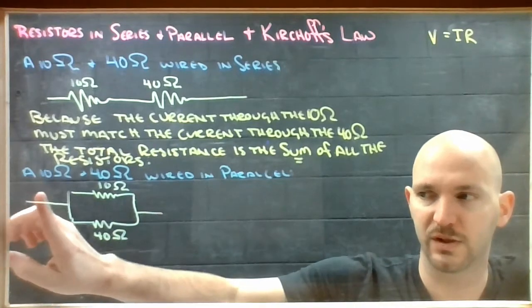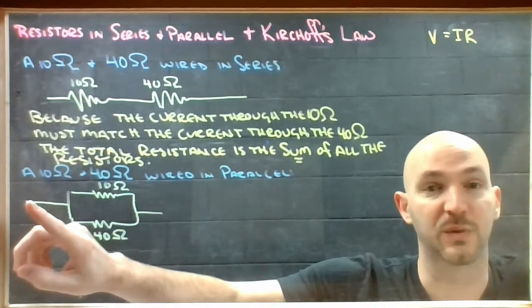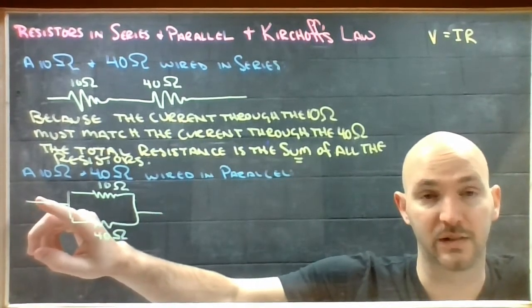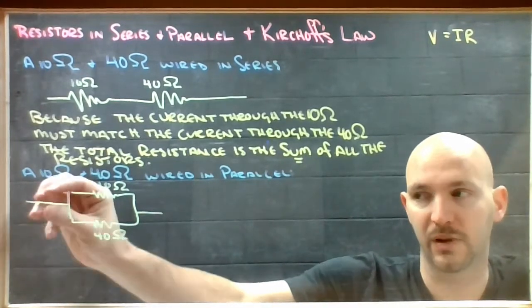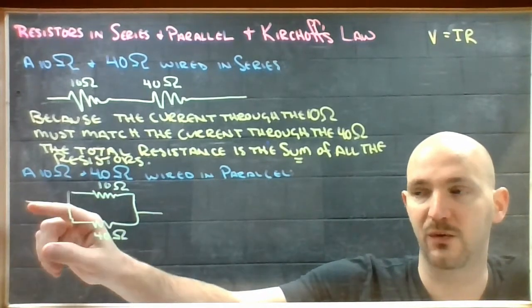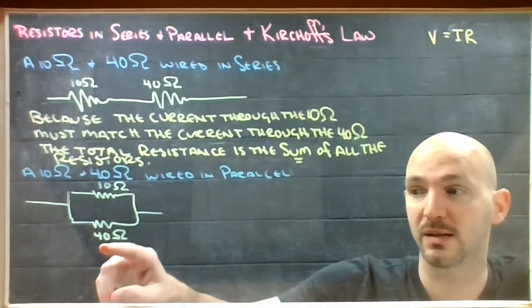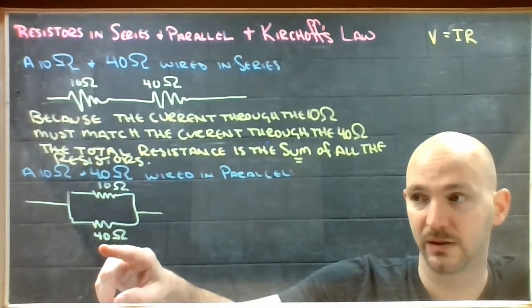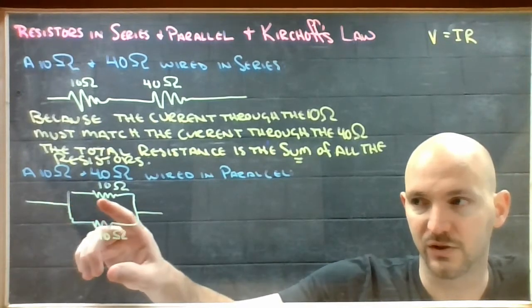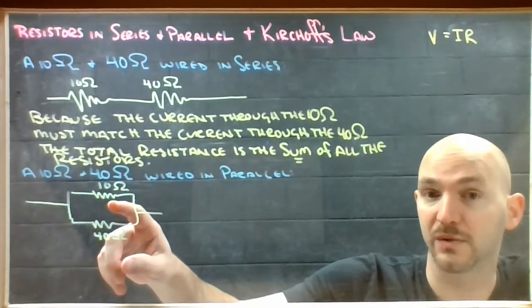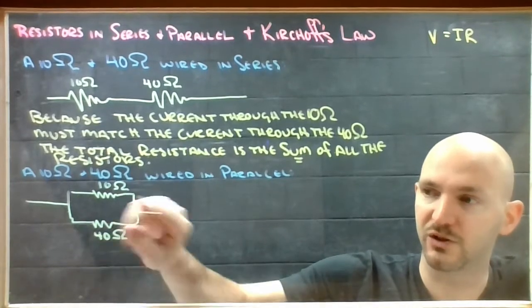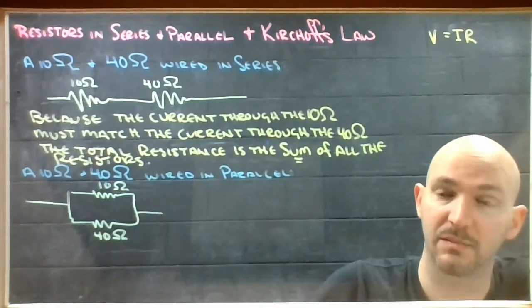So whatever voltage is applied to this, hook it up to a 9-volt battery or plug it into the wall, whatever you're going to do, we're applying some amount of voltage to this. That voltage is either absorbed entirely by this one, or it's absorbed entirely by that one. And because a voltage drives more current through a smaller resistance than it does through a bigger one, I should get more electrons choosing that path.